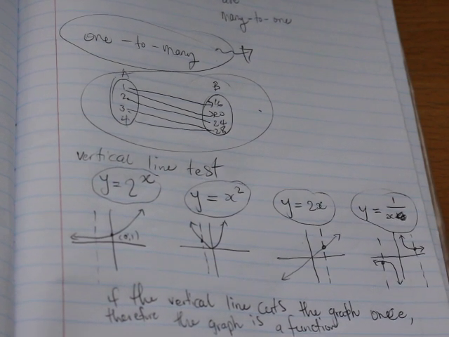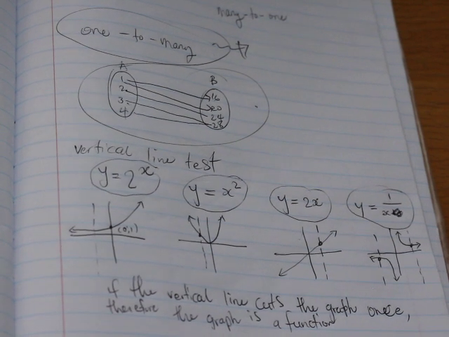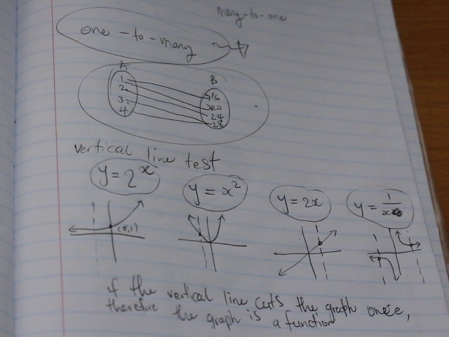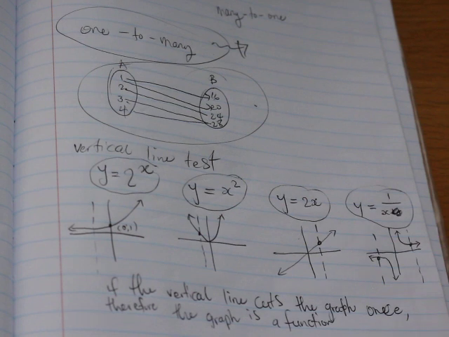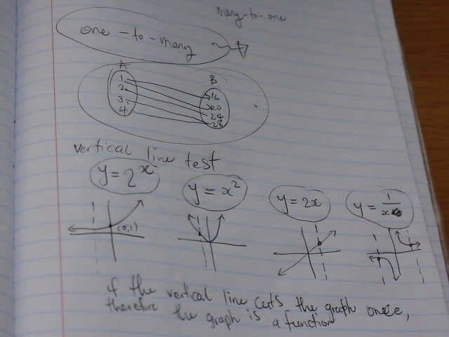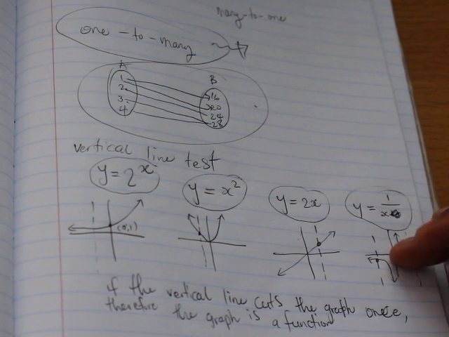Even if you drew the line on this side, you can see that it's a one-to-one function. Why? Because the vertical line cuts the graph once. We're not talking about whether it's one-to-one or one-to-many. We are just talking about the number of times the vertical line cuts the graph. And it's quite clear here that it's only once, meaning that it's a function.